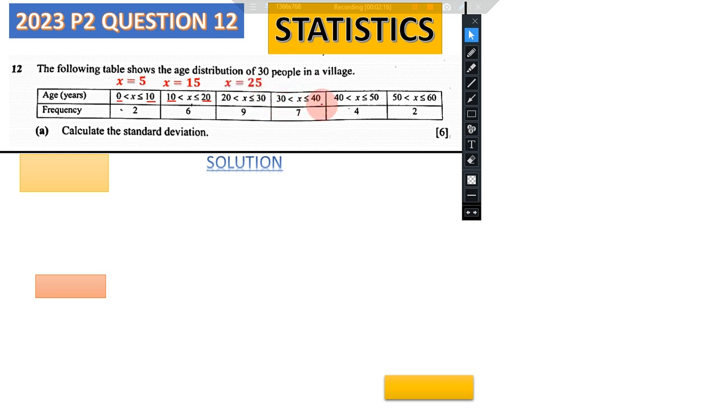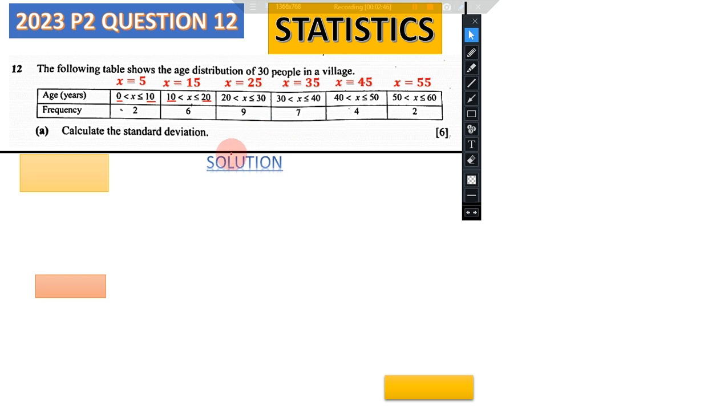Then 30 plus 40 is 70, divided by 2 is 35. Then 40 plus 50 is 90, divided by 2 is 45. Then 50 plus 60 is 110, divided by 2 is 55. Now we are done finding the midpoints.